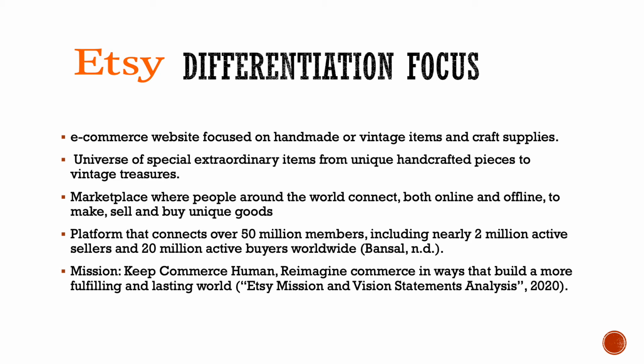So moving on to the next one, Etsy. Etsy is using a differentiation focus strategy. So what is Etsy? Etsy is primarily an e-commerce website, but it is focused on handmade or vintage items and craft supplies. So it does not offer entirely different kinds of products like Amazon, but its market is very limited and focused on handcrafted products or specific unique products.